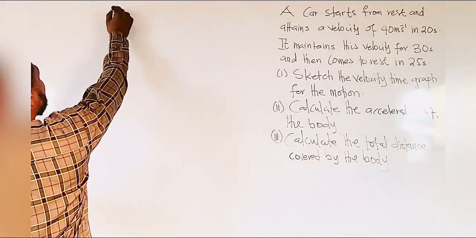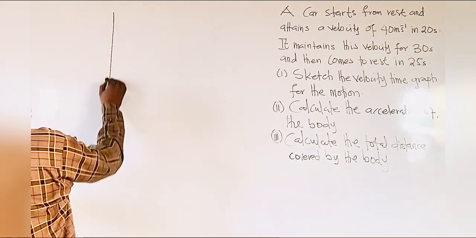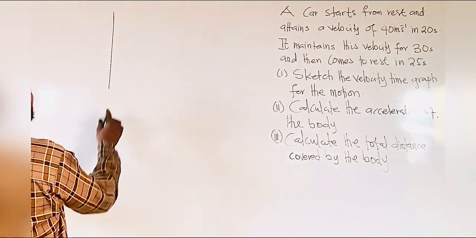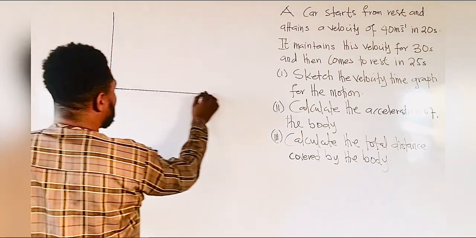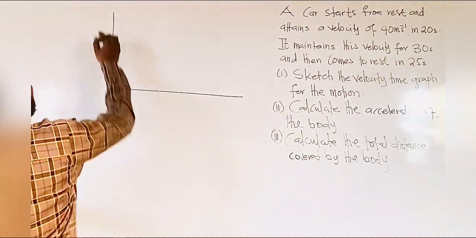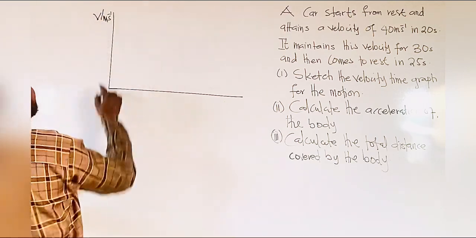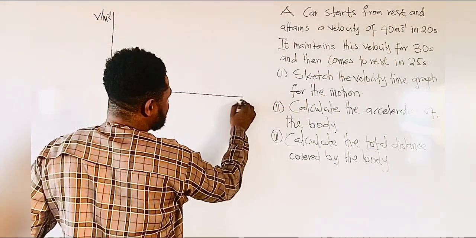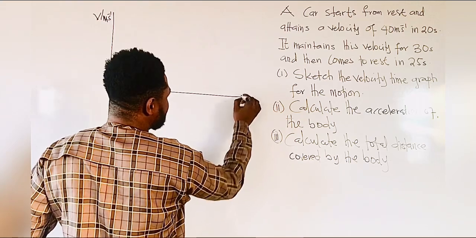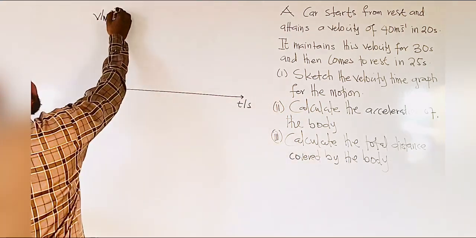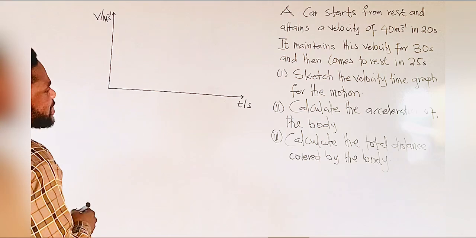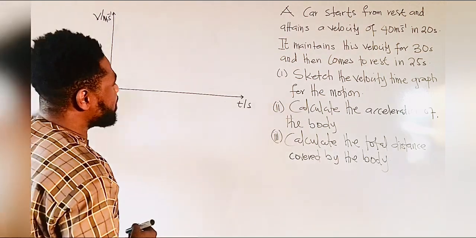First of all, we take our vertical axis like this nicely against our horizontal. At the vertical we put our velocity, and on the horizontal we put our time in seconds. And this is meters per second, as we can see here with the velocity.